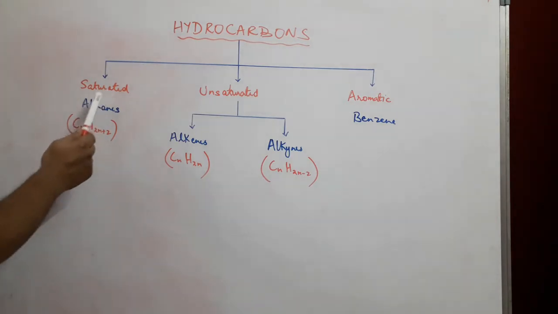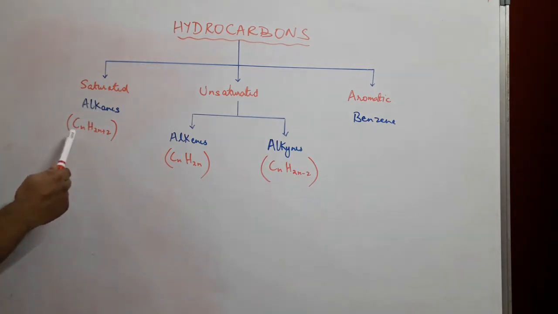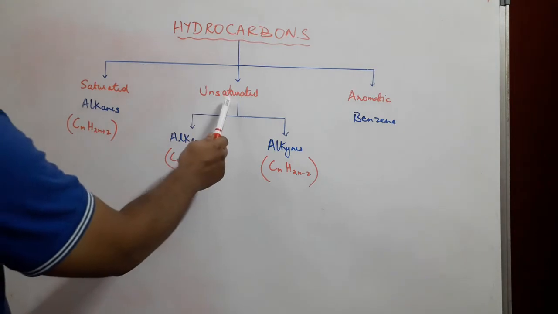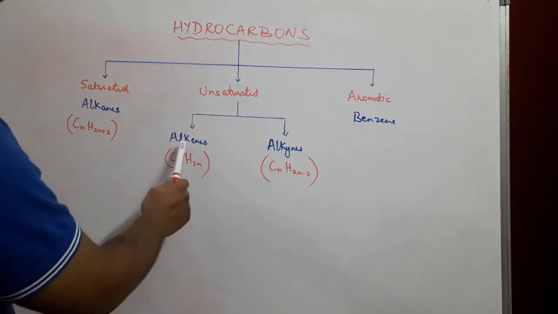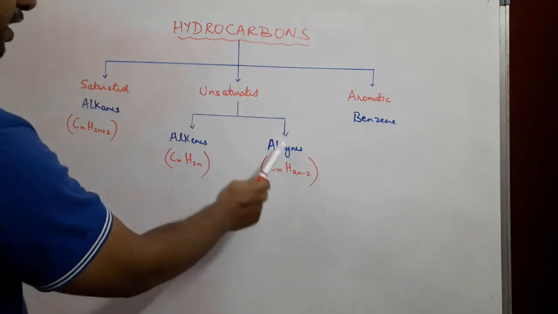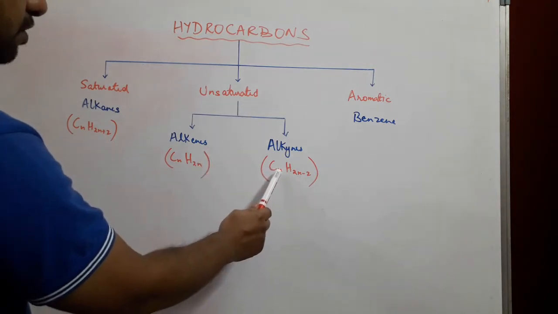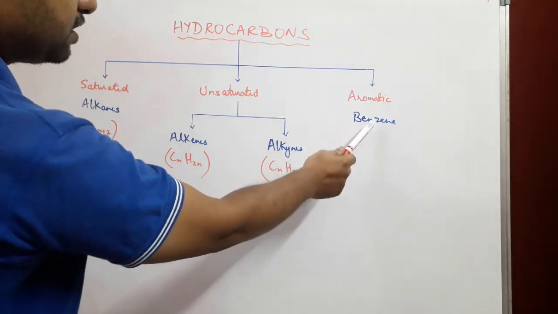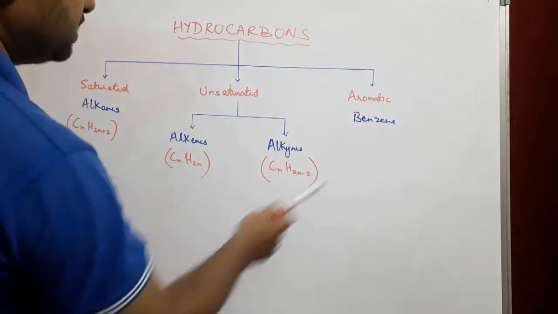Under saturated you have alkanes with a general formula CnH2n+2, and under unsaturated hydrocarbons you have alkenes with the general formula CnH2n and alkynes with the general formula CnH2n-2. Under aromatic, the example given is benzene.